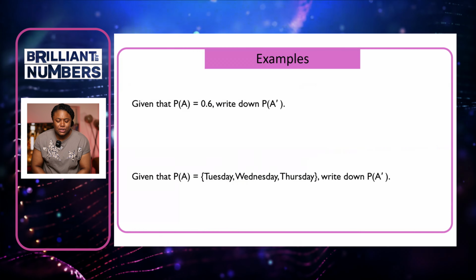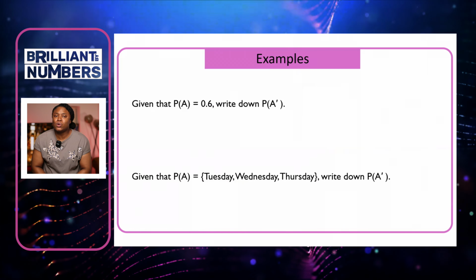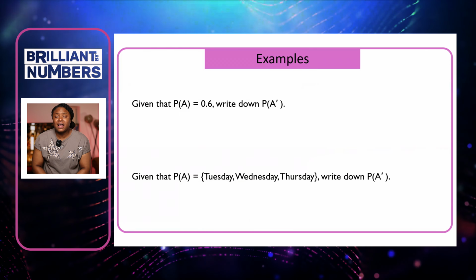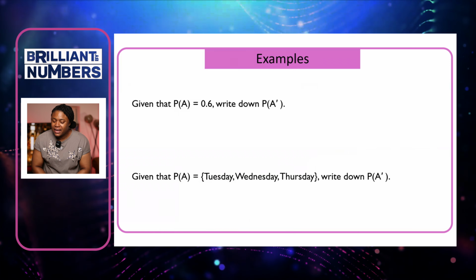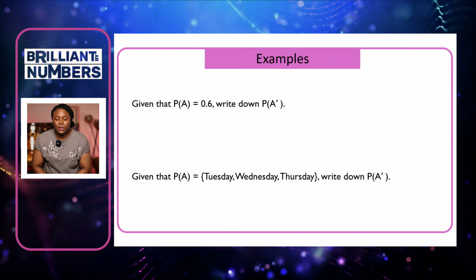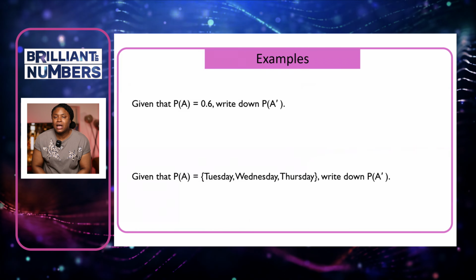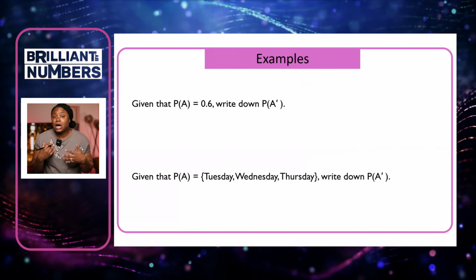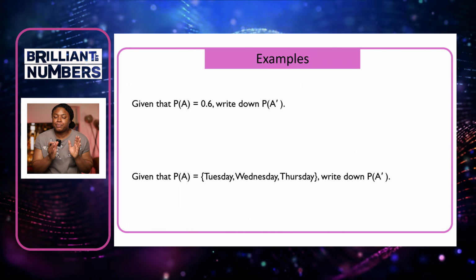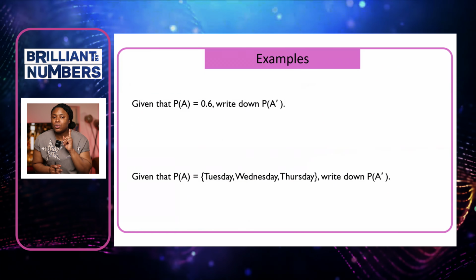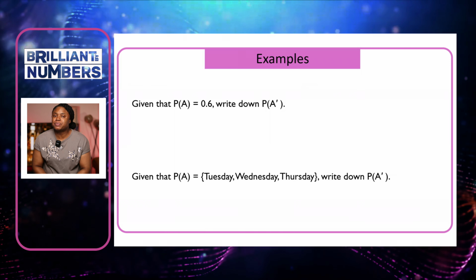Lovely. Okay, so another example. This time we will do just a small calculation. We're told here, given that the probability of A is equal to 0.6, we're asked to write down the probability of A complement. Remember earlier we talked about the fact that the probability of an event and its complement add to 1 or 100%.